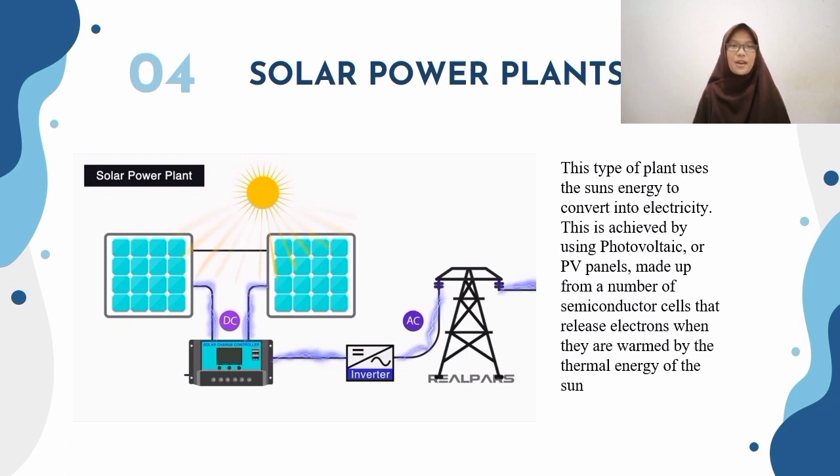This type of plant uses the sun's energy to convert into electricity. This is achieved by using photovoltaic or PV panels made up from a number of semiconductor cells that release electrons when they are warmed by the thermal energy of the sun.